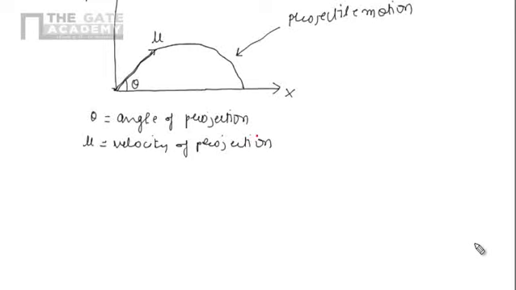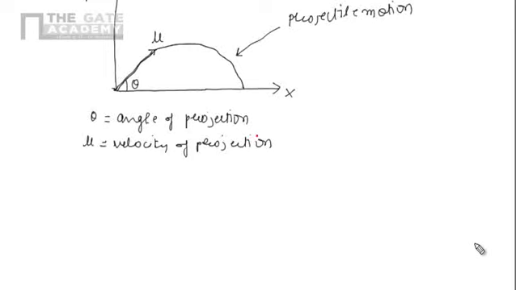In our daily life, if we throw a cricket ball from one place to another in air, we can say that the motion of this cricket ball is a projectile motion. There are a lot of equations which describe the different physical quantities related to projectile motion.